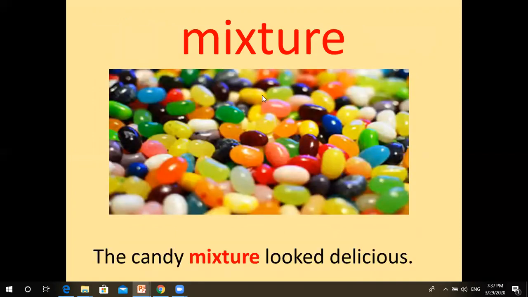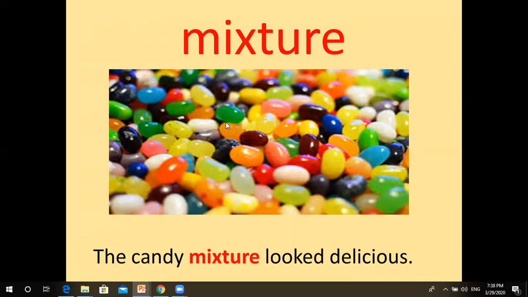Here we have jelly beans. They're colorful jelly beans. Mixture. Read it. Practice more. The candy mixture looked delicious.